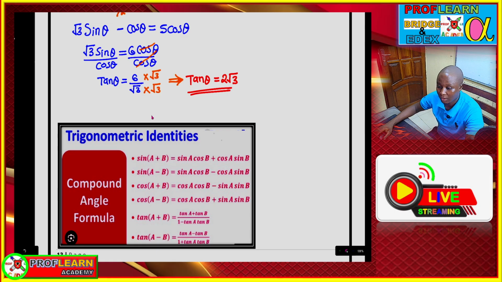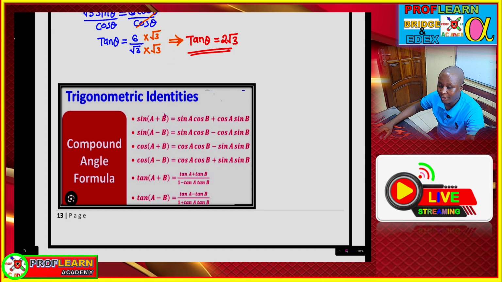So make sure before you sit for your exam, you know how to use these trigonometric identities.